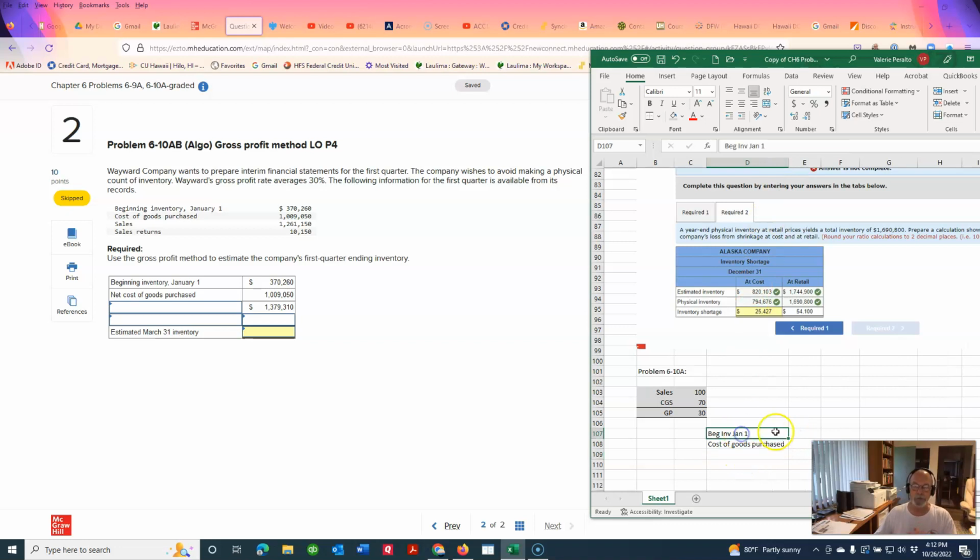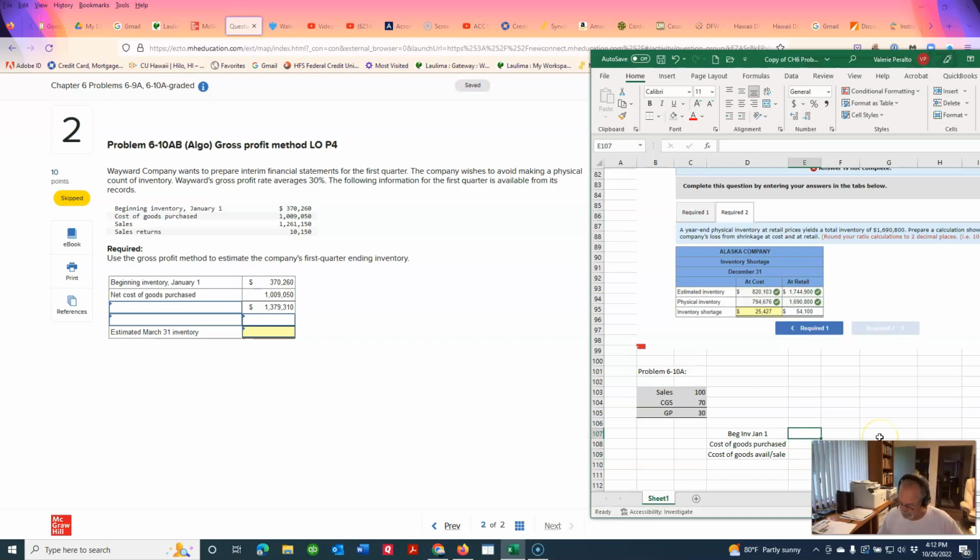What we start out with, our beginning inventory, plus what we buy, is going to give us our cost of goods available for sale.